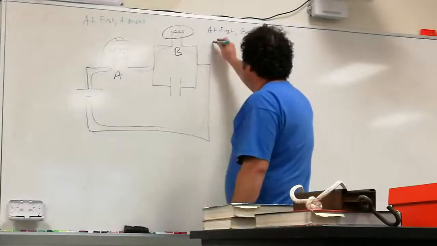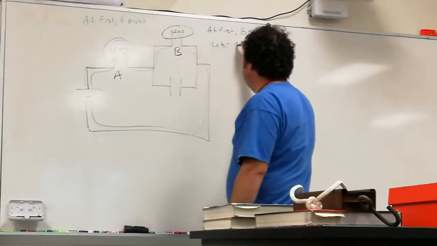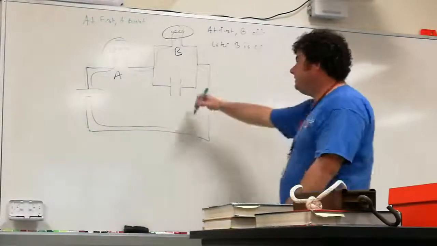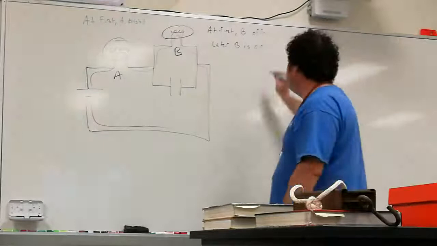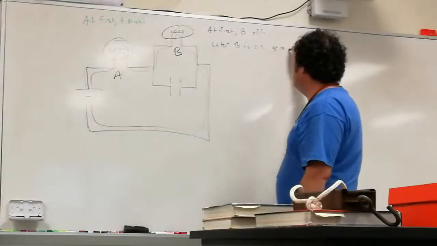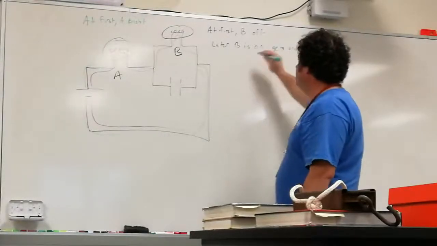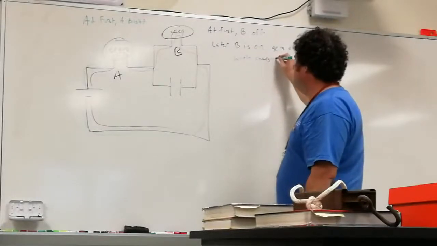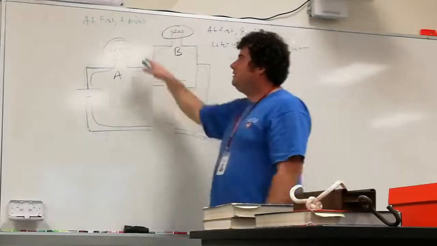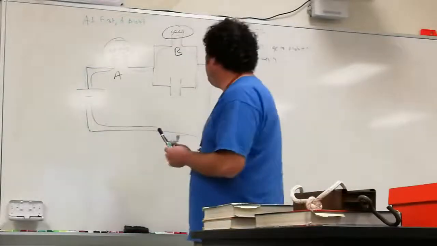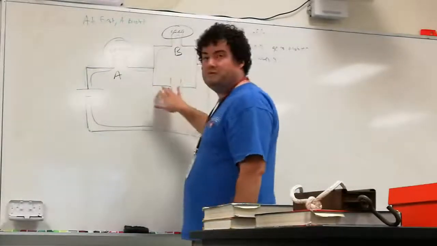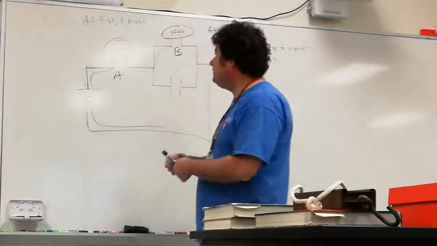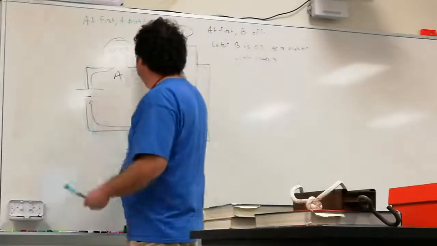So later B is on, and it gets brighter as the capacitor charges. This one, as we switch from the less resistant path to the more resistant path as the capacitor charges, will dim.